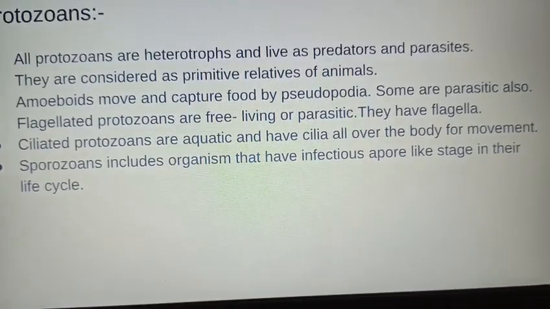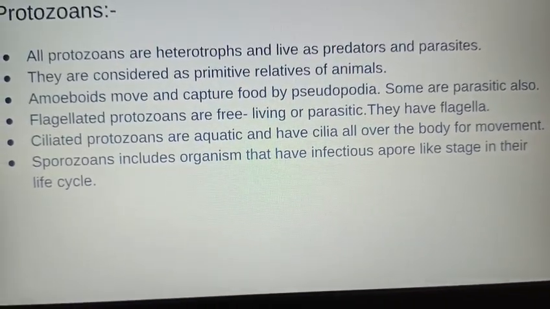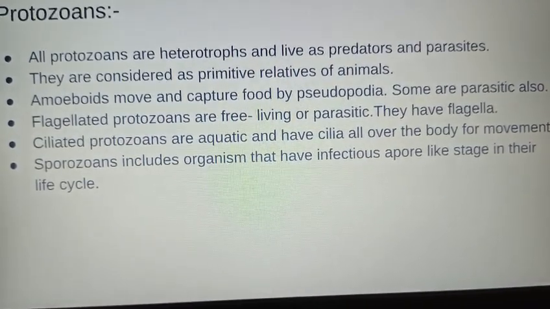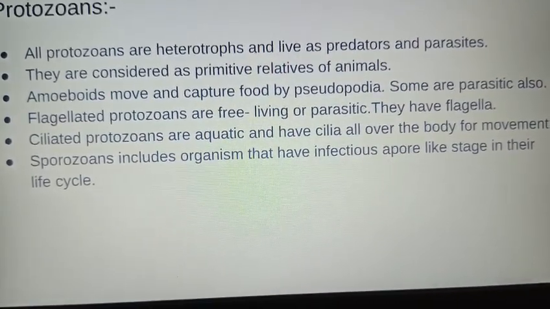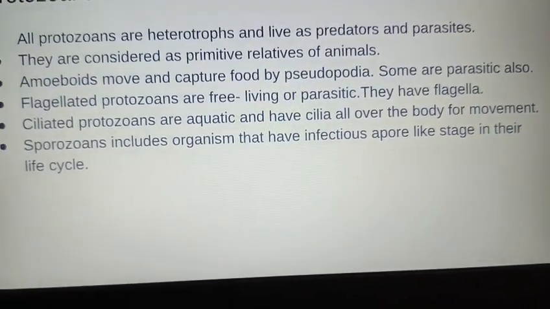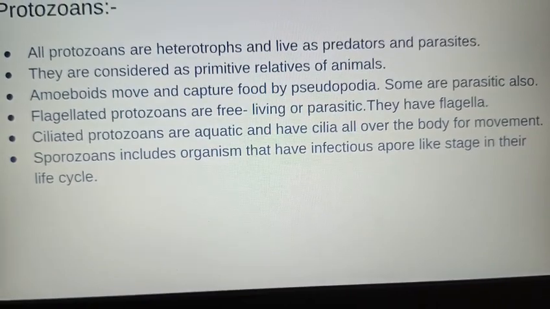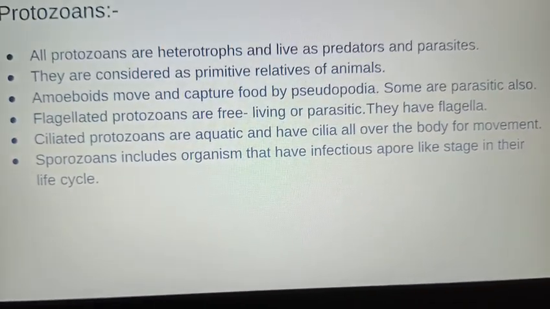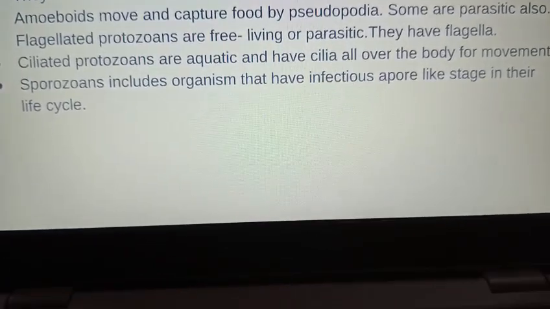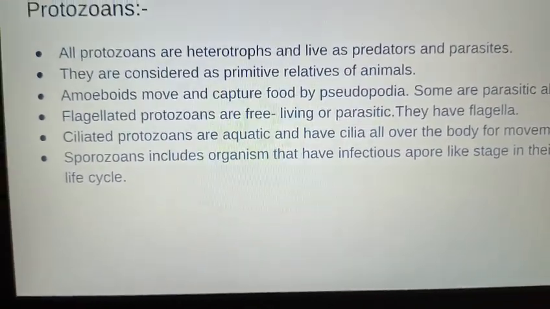Ciliated protozoans are aquatic and have cilia all over the body for movement. Sporozoans include organisms that have an infectious spore-like stage in their life cycle.